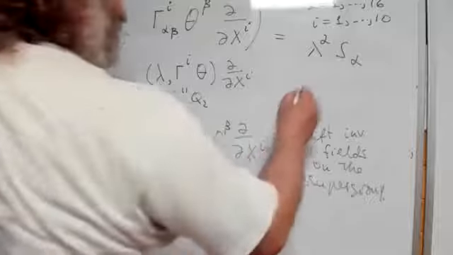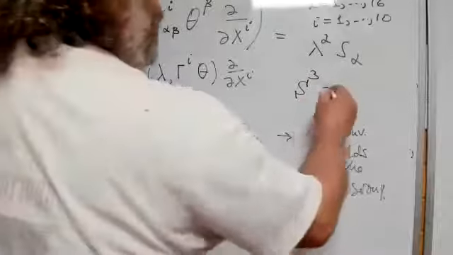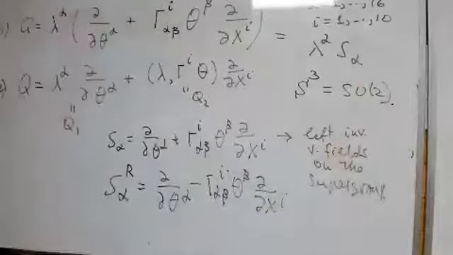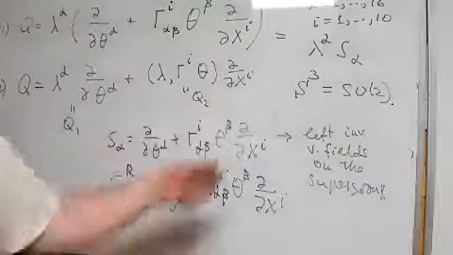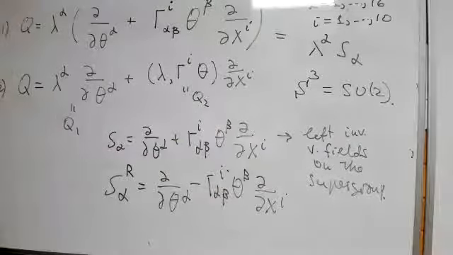So the best known case is when I consider S3, that is SU2. So you have left invariant fields and right invariant fields.